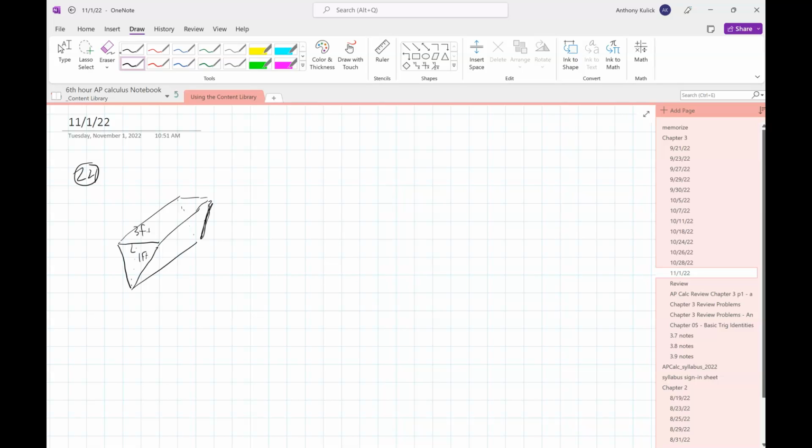Yeah. If the trough is being filled with water, so here's my water tap, at a rate of 12 cubic feet per minute, how fast is the water level rising when the water is 6 inches deep? So there's some water in there, whatever.